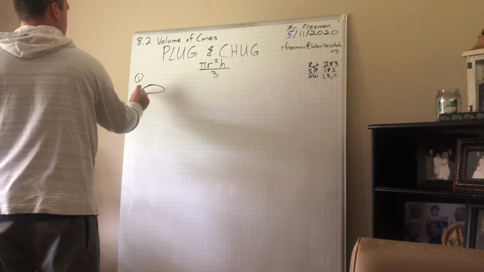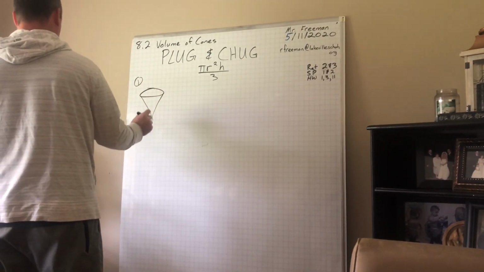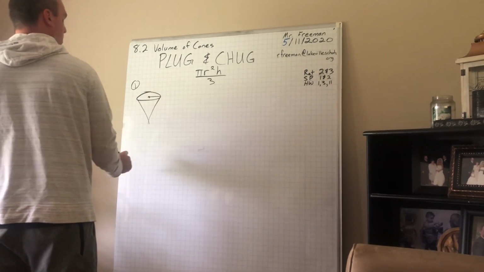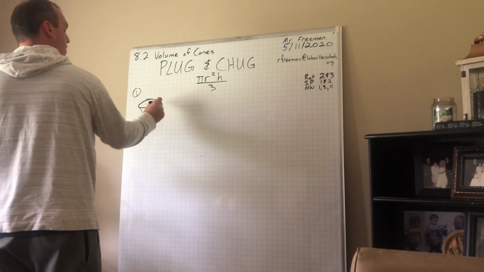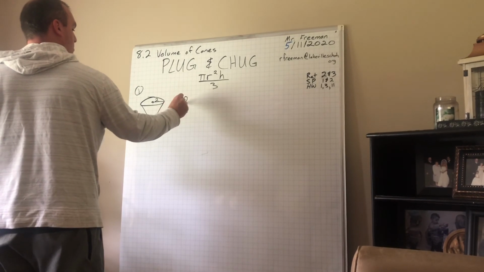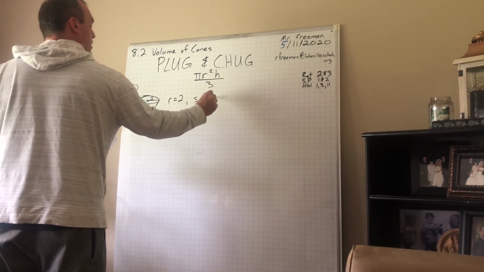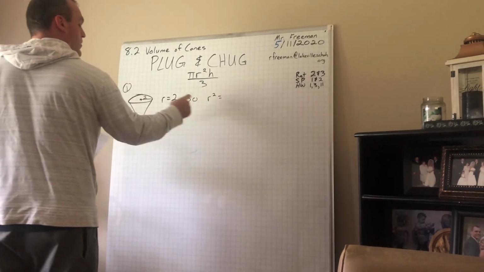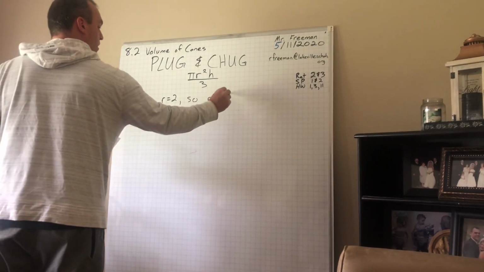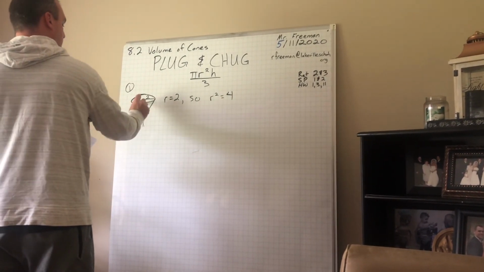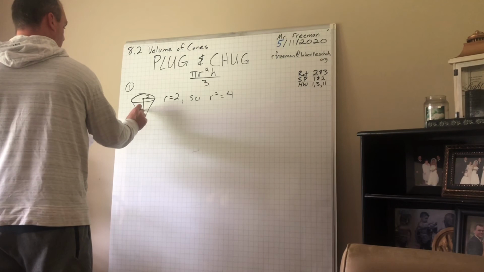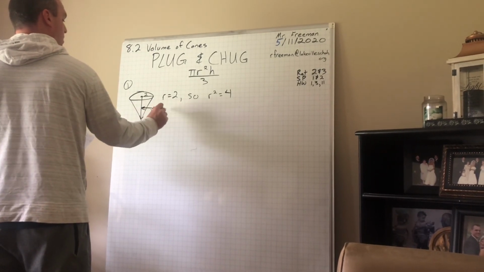They tell us from here to here is 2. That right away is our radius equals 2. So radius squared would be 2 times 2, which would be 4. They tell us this distance here is 5, so that is our height.